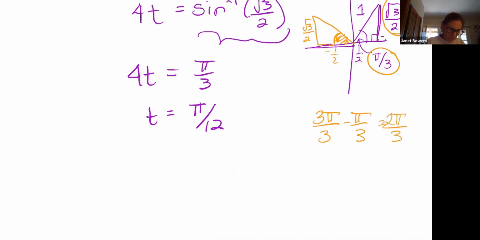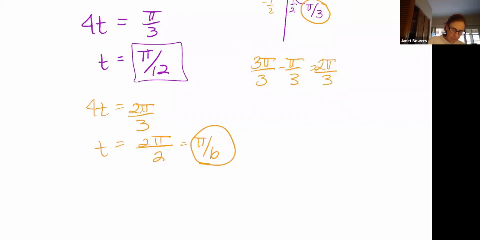Okay, so then we can say 4t is equal to 2 pi over 3. So t is going to be equal to 2 pi over 12, or t is equal to pi over 6. Pi over 12 and pi over 6.